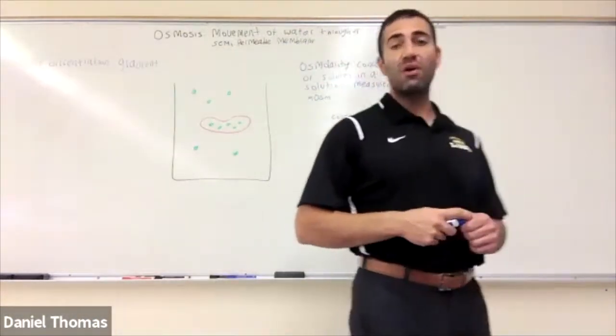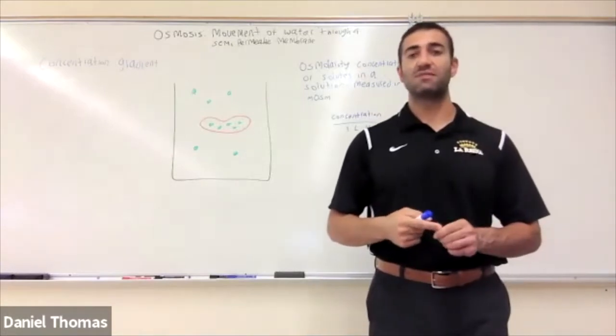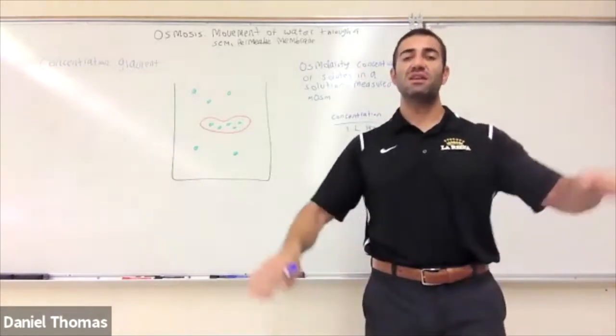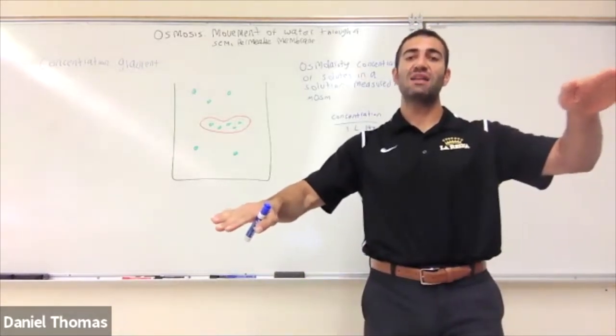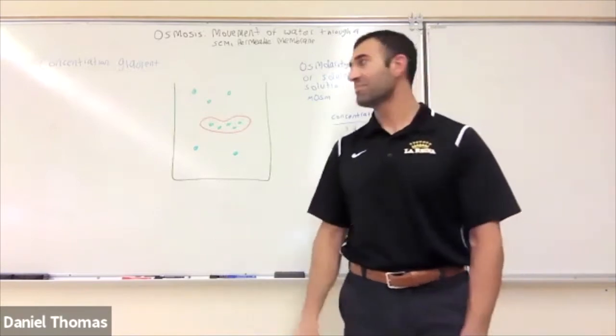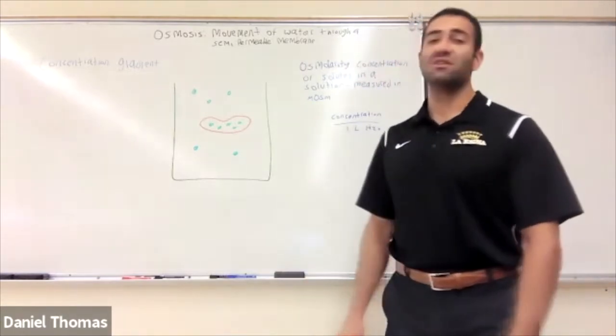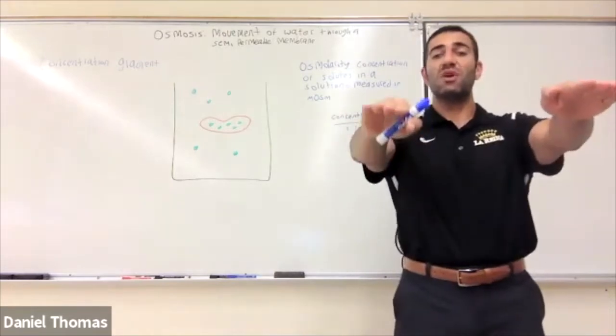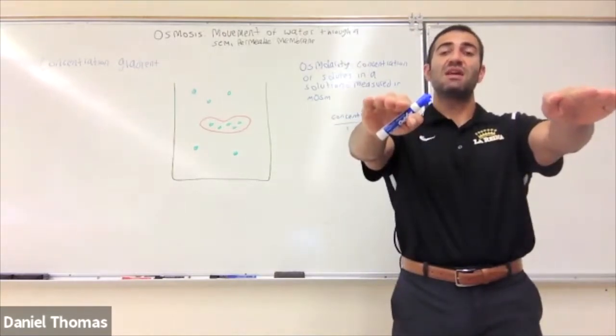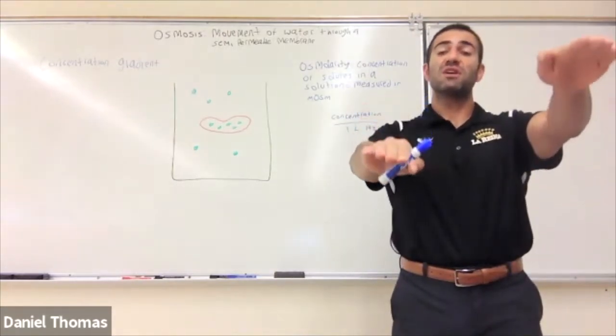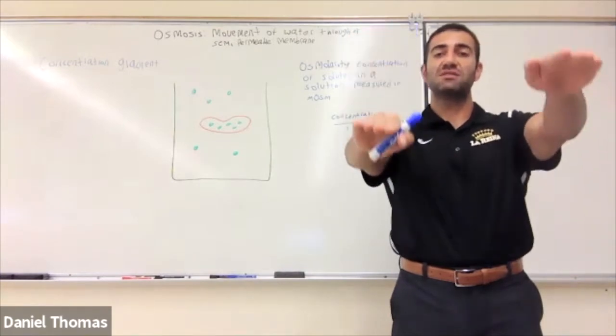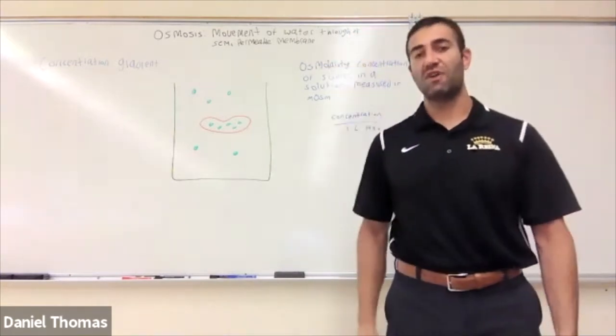The more molecules, the more concentrated it is. We know that a gradient is the difference between one side and another side. So the steeper the gradient with osmosis, the more different the concentration is between two sides, the more water is going to follow.